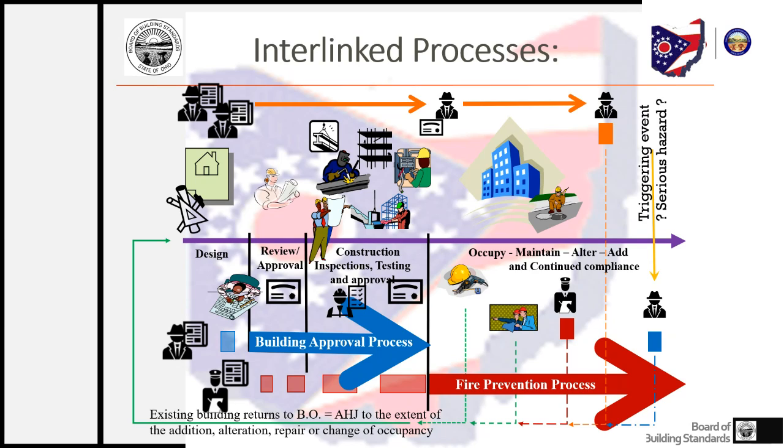So if you have a food service operation, or you have a child care operation, or you have a hospital, you may have some responsibilities to get a license to operate your business, and they may have some rules that may need to get integrated into your building design. So we recognize that all of these different agencies may have rules that may impact an owner's design of their building to achieve what they want to do. So here's where we're going to talk about some of those interrelated processes.